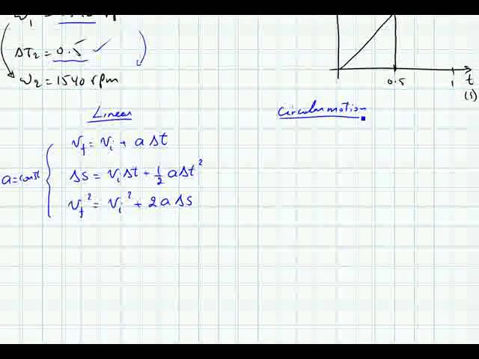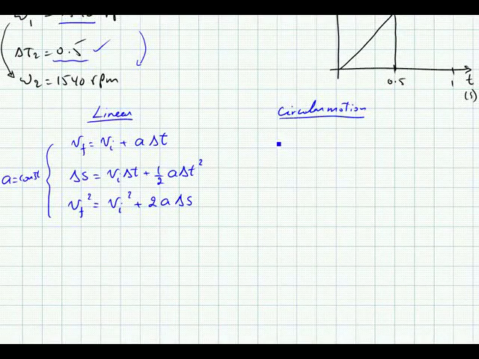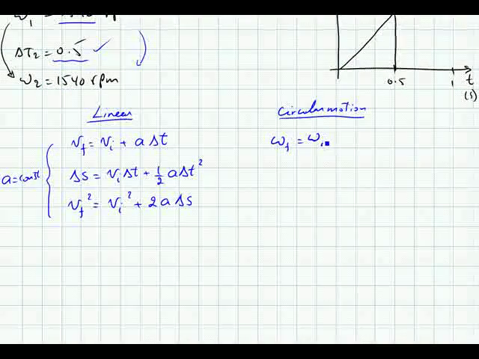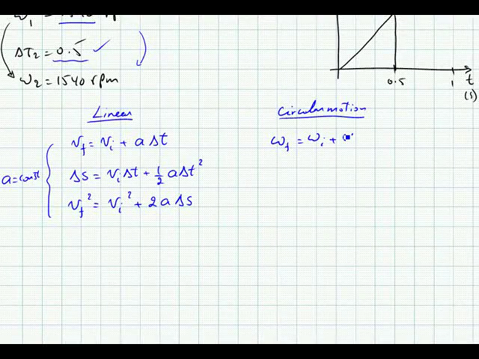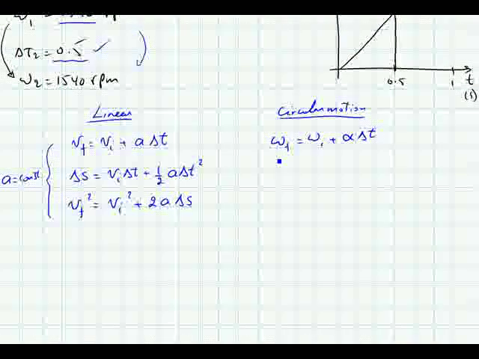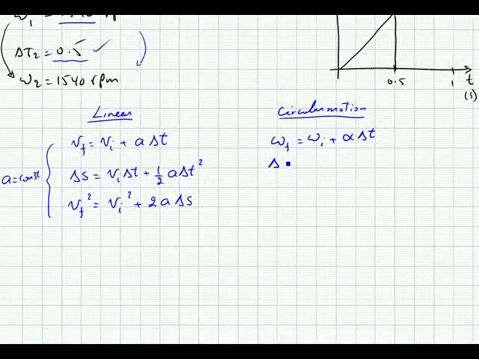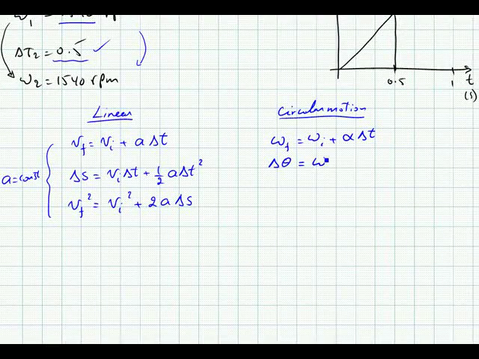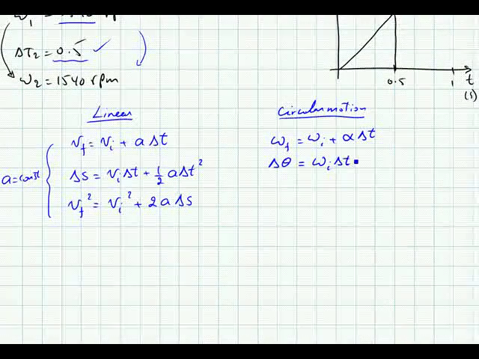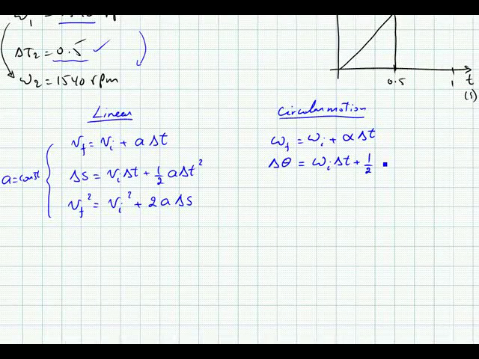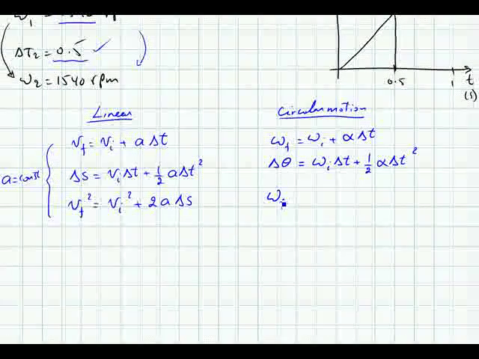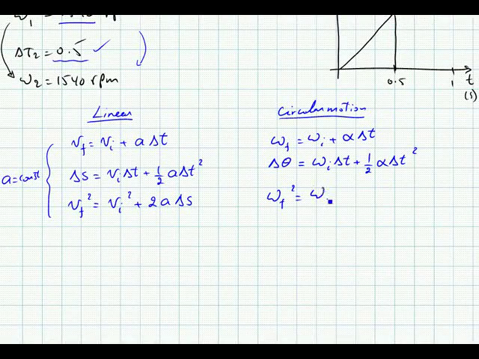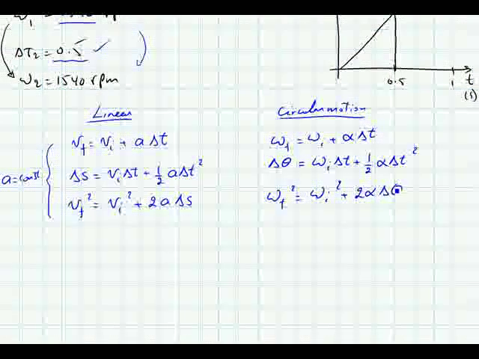In the case of circular motion, the analogous kinematic equations become: final angular velocity is equal to initial angular velocity plus angular acceleration times delta t, and angular displacement is equal to initial angular velocity times delta t plus 1/2 of alpha delta t squared, and omega final squared is equal to omega initial squared plus twice alpha delta theta.